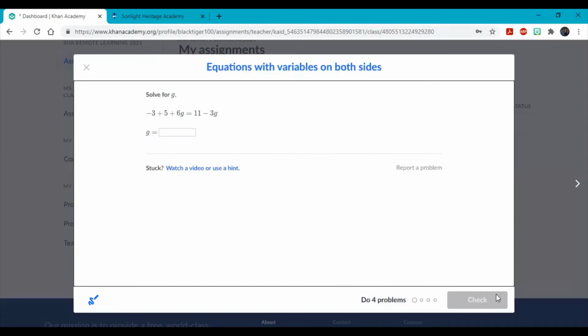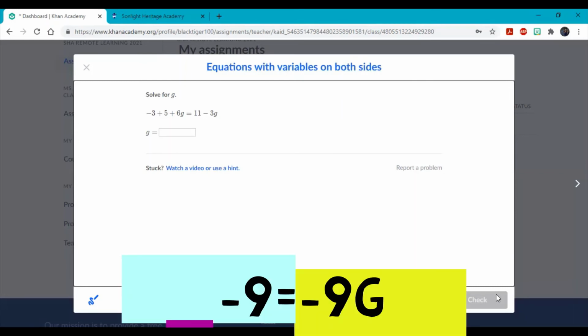So we have -9 on the left side. And -3G minus 6G, we have two negative numbers. We combine them and we keep the sign. So now we have -3G minus 6G is -9G. So we have now -9 is equal to -9G.